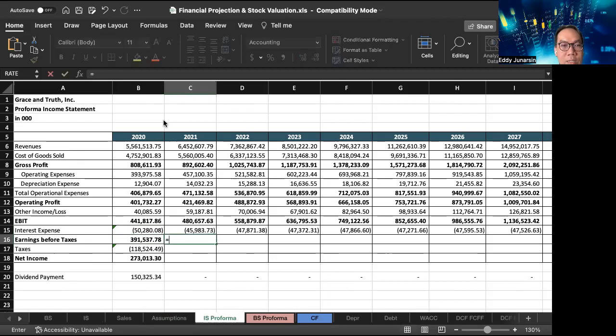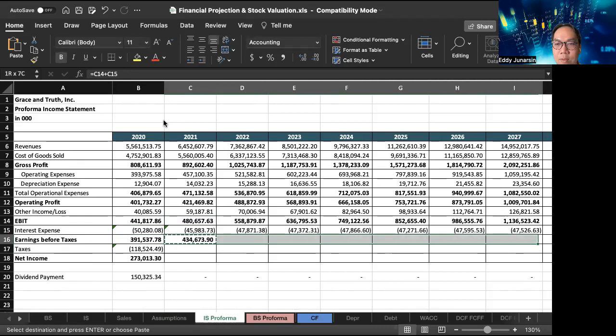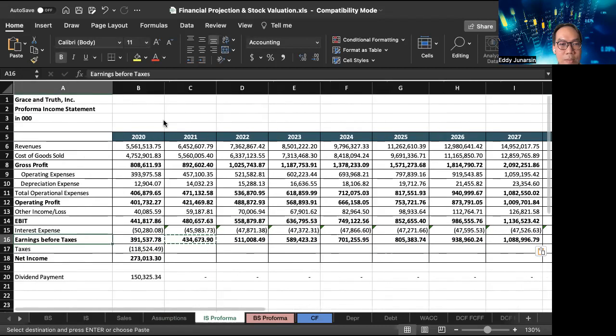So earnings before taxes is EBIT minus interest expense, but because the sign is already negative, I'm using plus. I think you understand it. Essentially, this is earnings before interest and taxes minus interest expense. Okay, and then taxes again. This is in brackets, in negative sign, because we are paying.